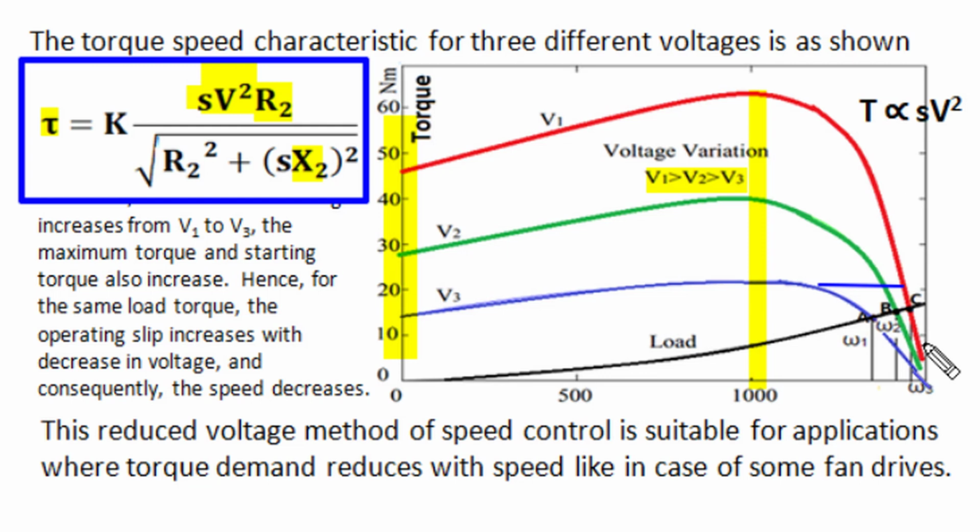This application of speed reduction is quite suitable for fan type of applications where torque demand reduces as speed reduces, and in fan and pump torque is proportional to square of speed, and reduction of maximum torque capabilities with reduced voltage won't create trouble in obtaining required load torque at reduced speed.